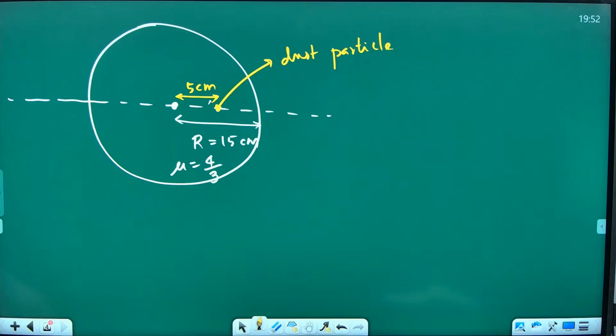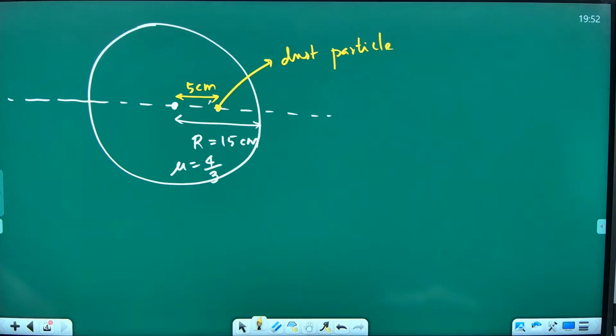Sir, is it a virtual image, sir? Virtual image. Okay, how much is the answer? Yeah, it may be a virtual image also, Krishna. Minus 7.5 centimeters, something like that.